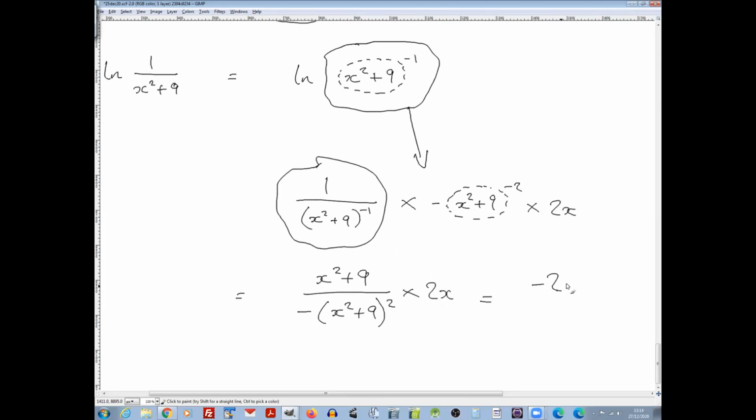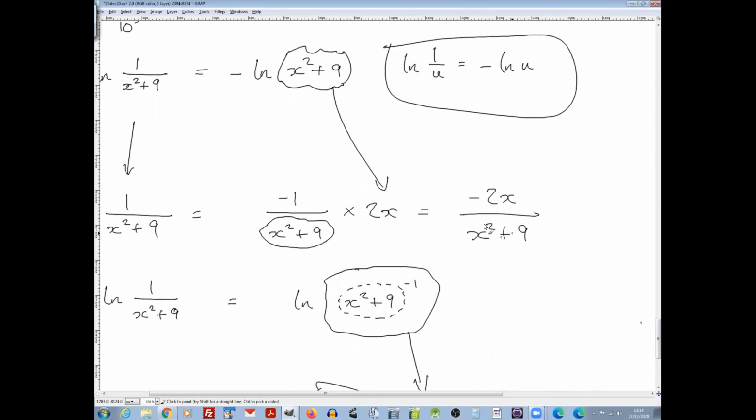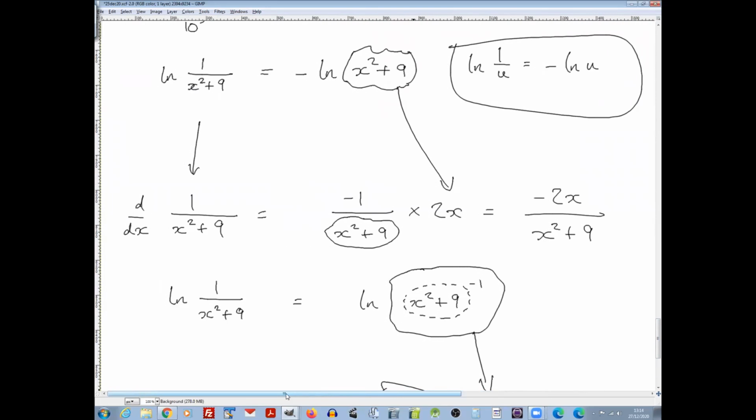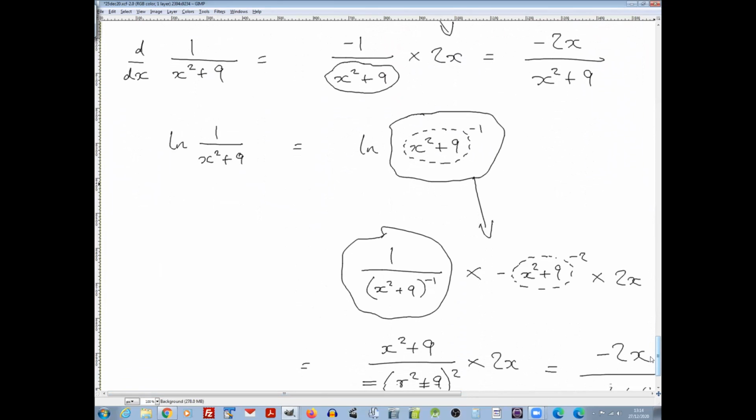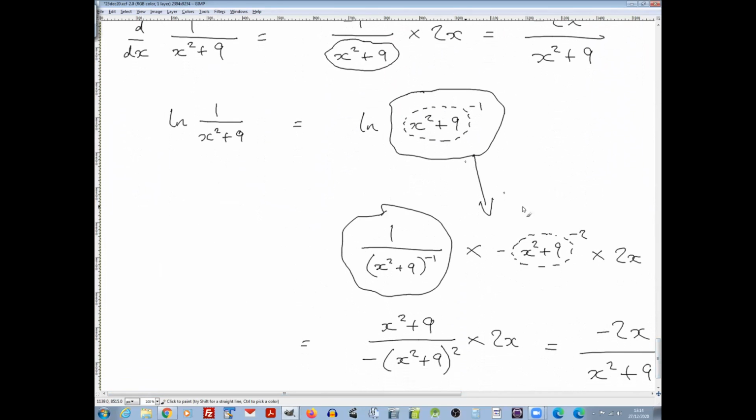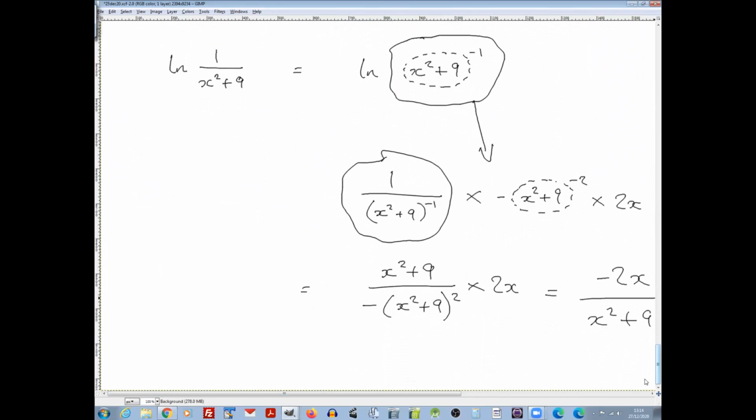Yeah, so minus 2x over x squared plus 9. And so we have got what we had before, exactly the same result. It was probably easier to do it this way because we just had one application of the chain rule, whereas here we had an inner function of the inner function and probably a bit more simplifying.